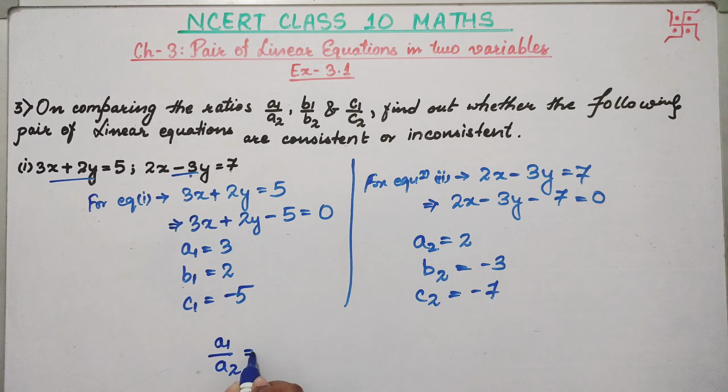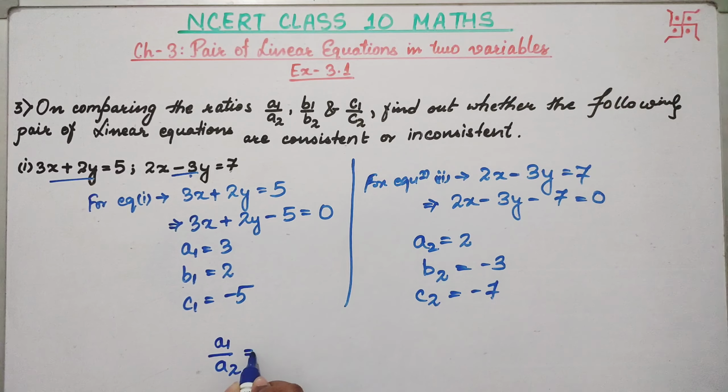Here again, let us say this is equation 1 and this is equation 2. For 1, we have 2x minus 3y equals to 8. After rearranging, it will be 2x minus 3y minus 8 equals to 0. Here a1 equals to 2, b1 equals to minus 3 and c1 equals to minus 8.